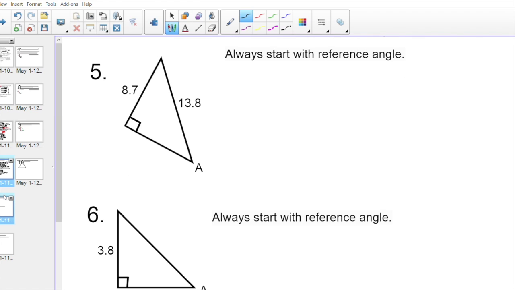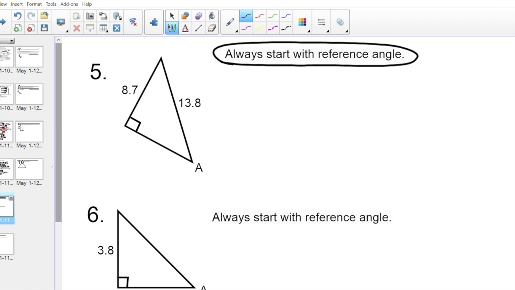Now, number 5. Again, you always start with your reference angle. In this case, I've got A down here again, so that's the angle that we're trying to find. So you write the angle first. Now we're going to have to write a ratio. In this setup, the side that has the 8.7 would be called our opposite side. The 13.8 is the hypotenuse.